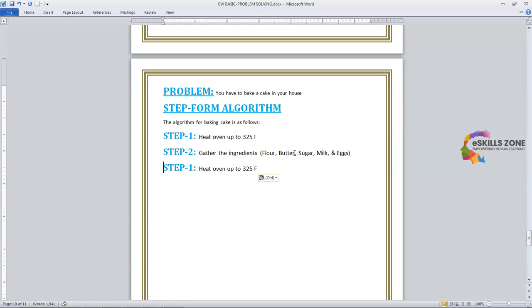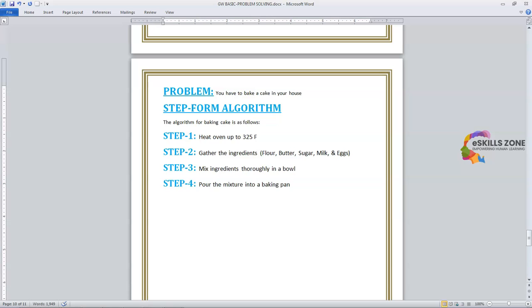Next step number 3, step is mix ingredients thoroughly in a bowl. Next step number 4, step is pour the mixture into a baking pan.